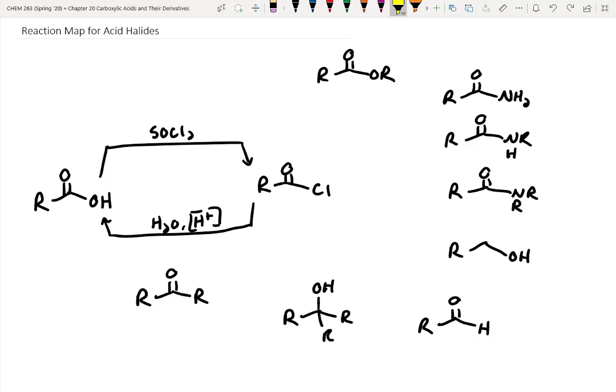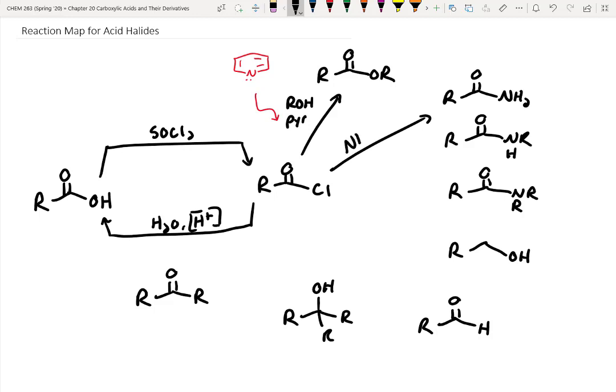Now let's just go clockwise around. If I want to go from an acid chloride to an ester, all we need is an alcohol and pyridine. Pyridine is one of our non-nucleophilic bases, and it's really just acting as a sponge for protons here, absorbing any extra protons to avoid unwanted chemistry. The next one, going clockwise, is forming our amide.